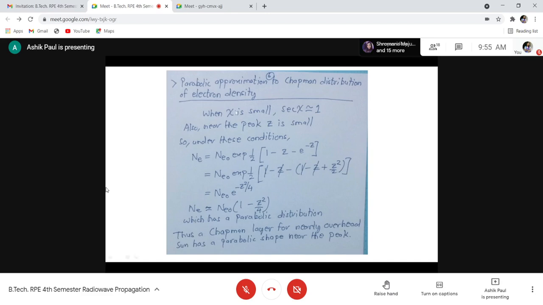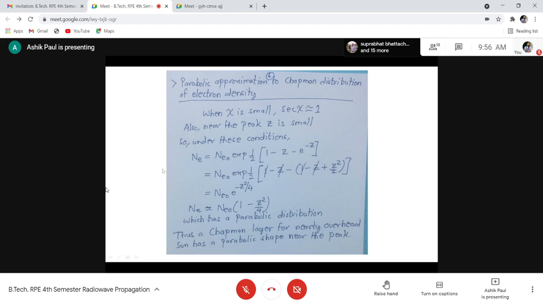From geometry we know that when chi is small, sec chi is very nearly equal to 1, and also near the peak electron density or peak height of a particular species, at that height near the peak, this z will be small.